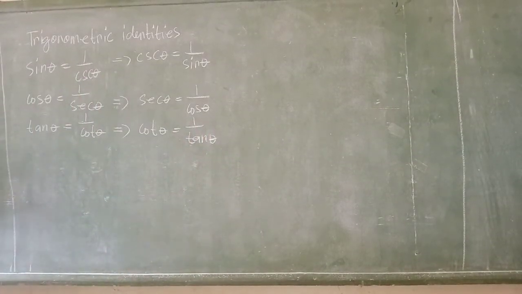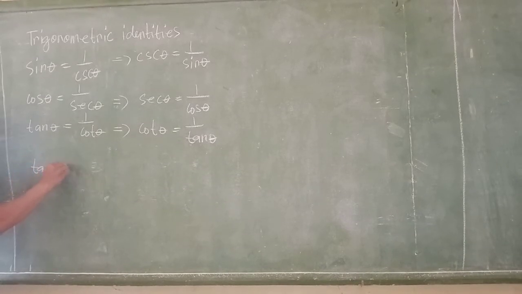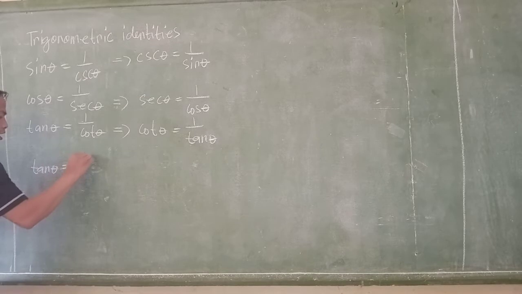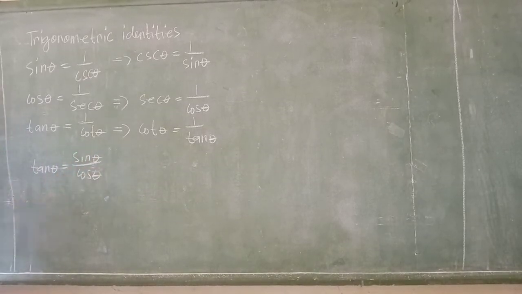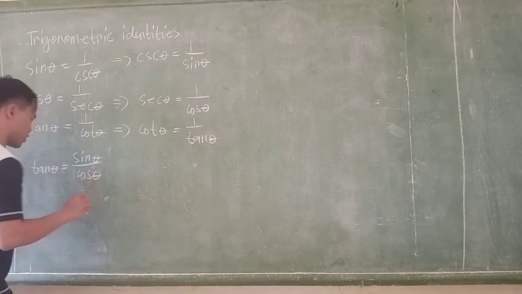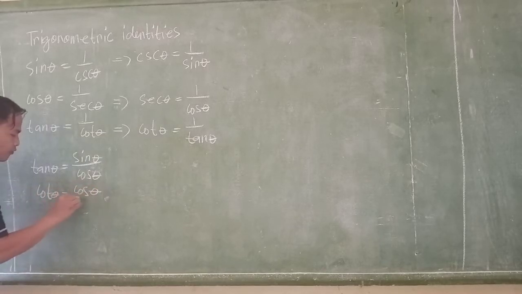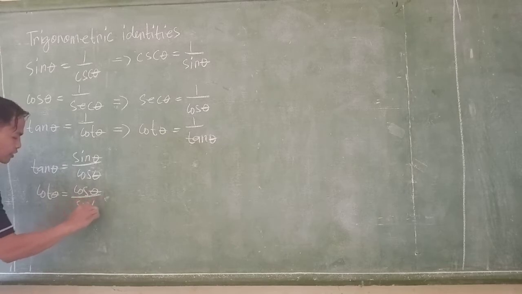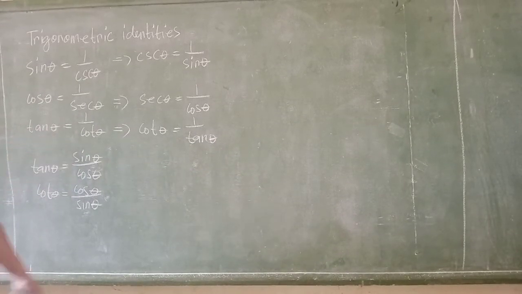Another one, we know that tan theta is equal to sin theta over cos theta. Another one, cotangent theta is equal to cos theta over sin theta. These eight identities can actually be used in proving trigonometric identities.